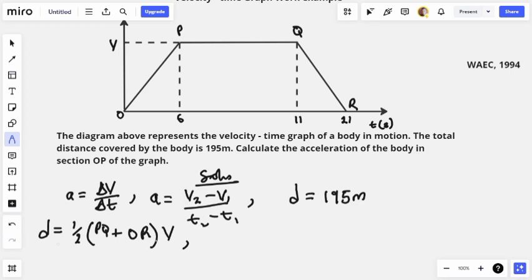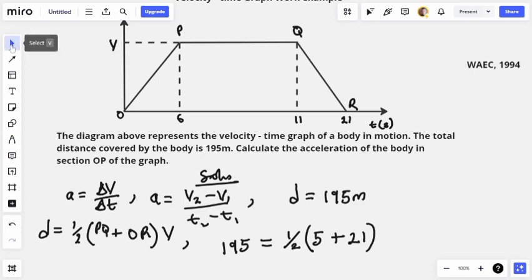So if we substitute, our D, which is the total distance, 195, equals a half. Our PQ, the length of PQ, will be 11 minus 6, which is 5, plus OR, which is from 0 to this place, is 21.